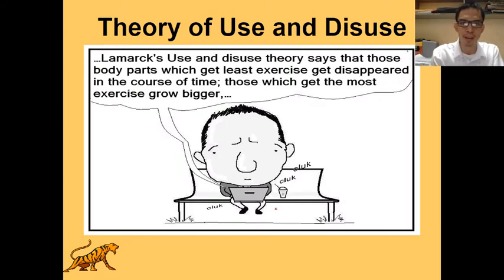So what we have right here is the first theory created by Lamarck, which is the theory of use and disuse.